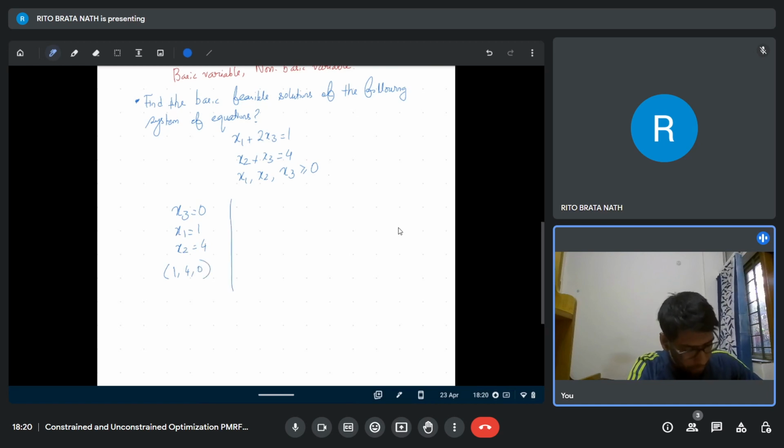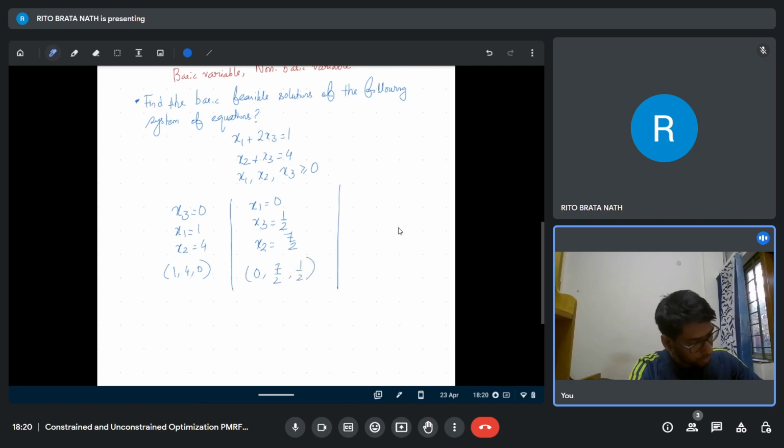Then you can set x1 as 0. That gives you x3 as half. And once you have x3, then you have x2, right? That's 7 by 2. So that's another one: (0, 7/2, 1/2). These are all basic feasible solutions.